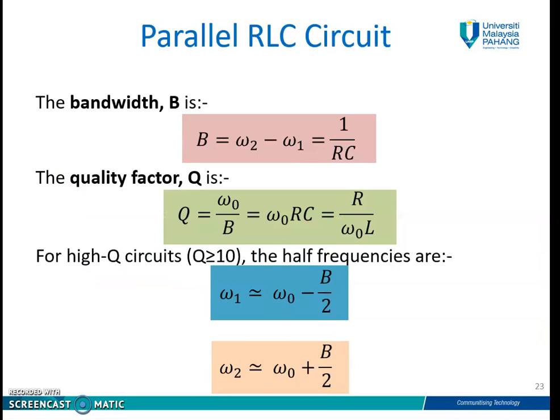Next, the bandwidth. The equation for the bandwidth is the same as for the series RLC circuit, which is bandwidth equal to omega 2 minus omega 1.